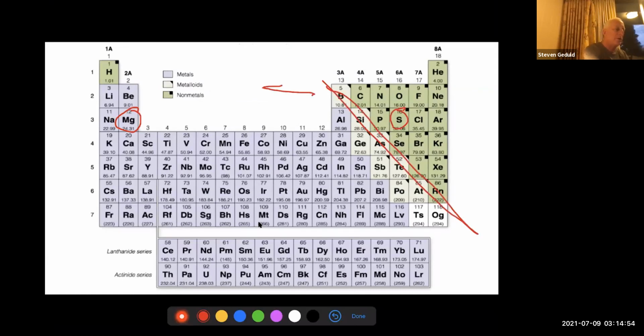To the left are metals, to the right are nonmetals. Metals give up electrons, they have a positive charge. Nonmetals accept electrons. So magnesium is going to give up electrons because it's Mg 2+, so it can get 8 in its core. Sulfur is going to accept 2 electrons so it can be like argon. Everything wants to have 8. Metals give up electrons, nonmetals accept electrons.